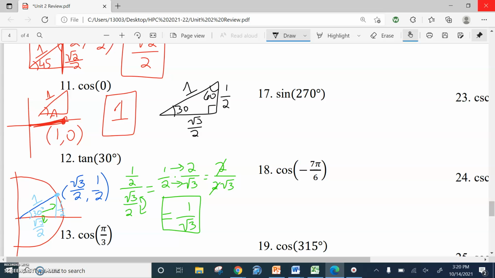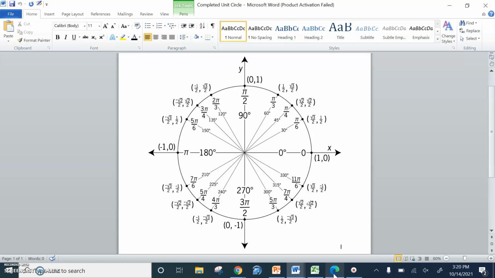Now you can put that triangle anywhere in the unit circle. Let's take a quick look at that. I can look at it and see I've got a 30-degree angle right here. If I drop this line straight down, I have a 30, 60, 90 triangle.